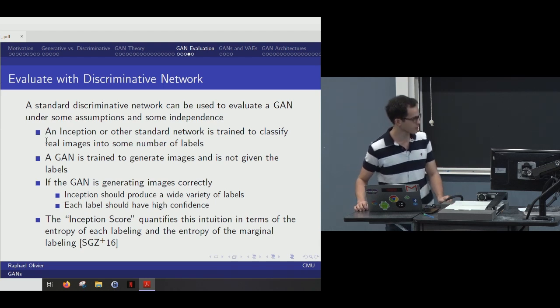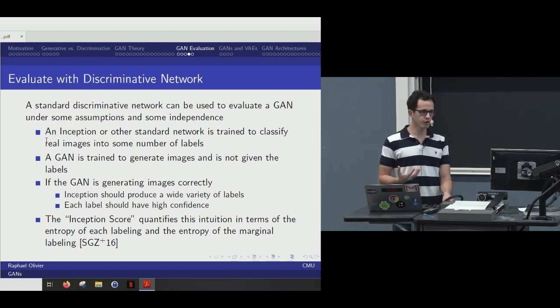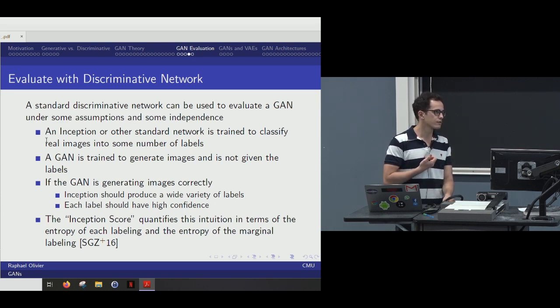Note that it's a completely relative metric, because the value that you're going to get does not have any meaning in itself. What your GAN is going to give when you apply a discriminative network to it is kind of arbitrary. It depends on the discriminative network.